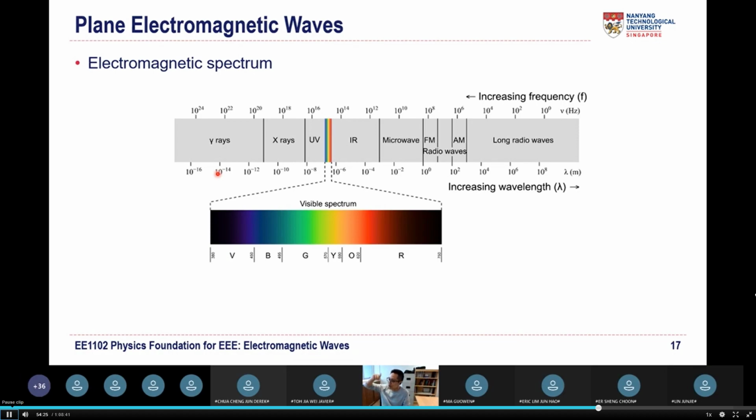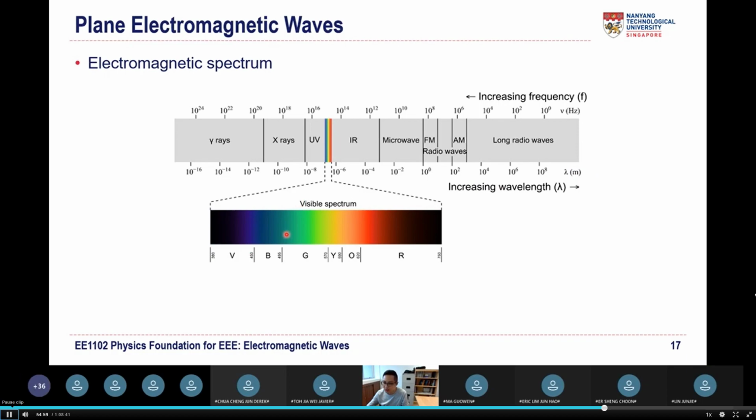Because if something oscillates very frequently and its speed is always the same, then in each oscillation, how much it has traveled, the wavelength, is going to be very short. Whereas if something is oscillating very slowly, then in each oscillation, the distance that the wave has traveled would be much longer, so the wavelength would increase.